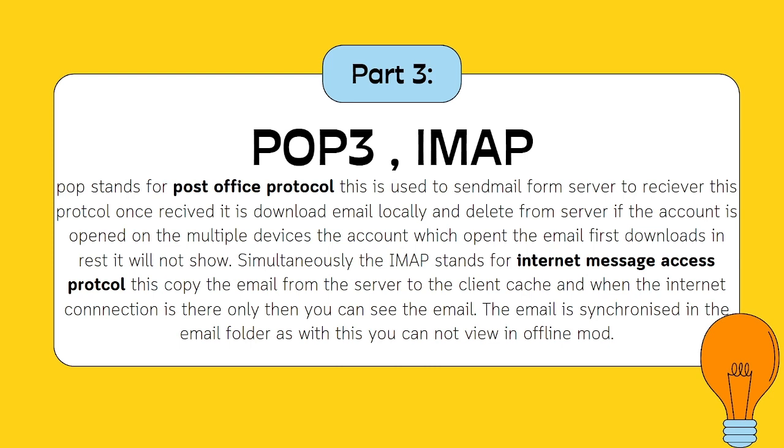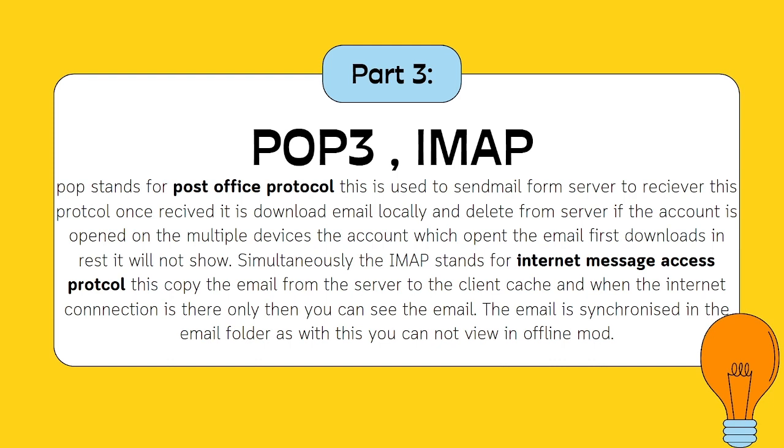This protocol is also used for fetching the emails from the server, and it is basically the opposite of POP3 because it does not download the email, it just copies the cache onto the receiver, and only when the internet connection is there can the user watch the emails. However, once the data is deleted, it is not deleted from the server, it can also be retrieved from the server, and we can use multiple devices to view the data.